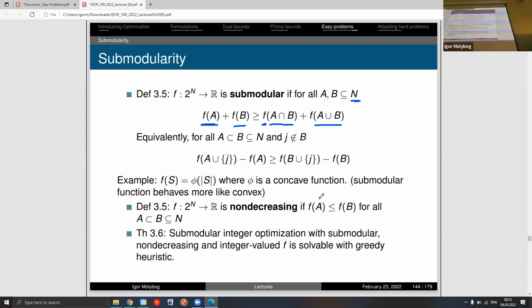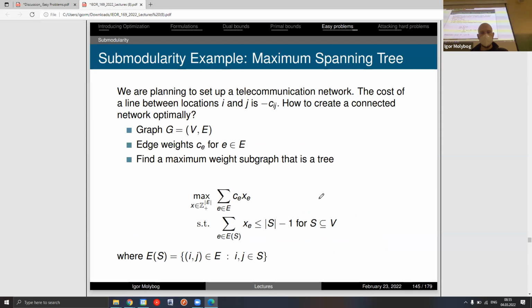But that's a pretty straightforward and easy assumption. And there's a theorem that says that submodular integer optimization with a submodular non-decreasing integer valued f is solvable with the greedy heuristic that we have just described.